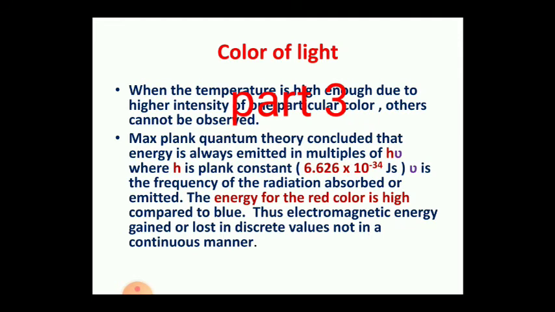When the temperature is high enough, due to higher intensity of one particular color, others cannot be observed. If the iron rod is heated at lower temperatures, it appears red color.